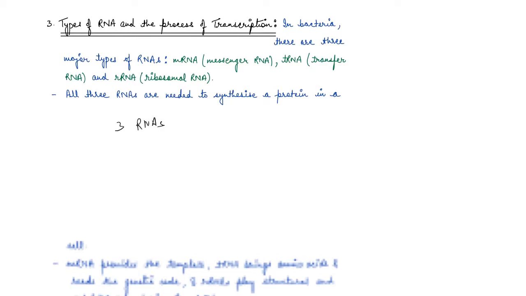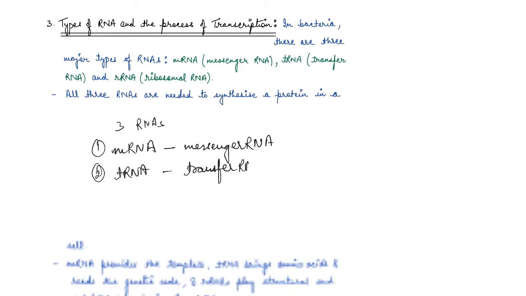The first one is mRNA, which is messenger RNA. The second is tRNA, transfer RNA. And the third is rRNA, ribosomal RNA.